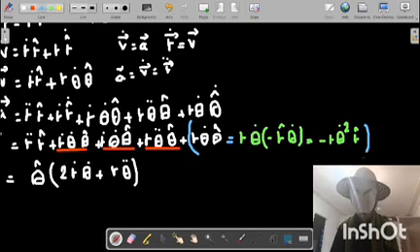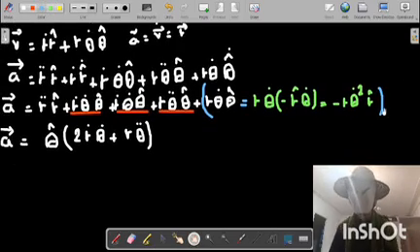Now, we know the direction of this is R hat basically. So I'm going to write this. Okay, I'm gonna use this and then that. Wait a second. What am I doing?